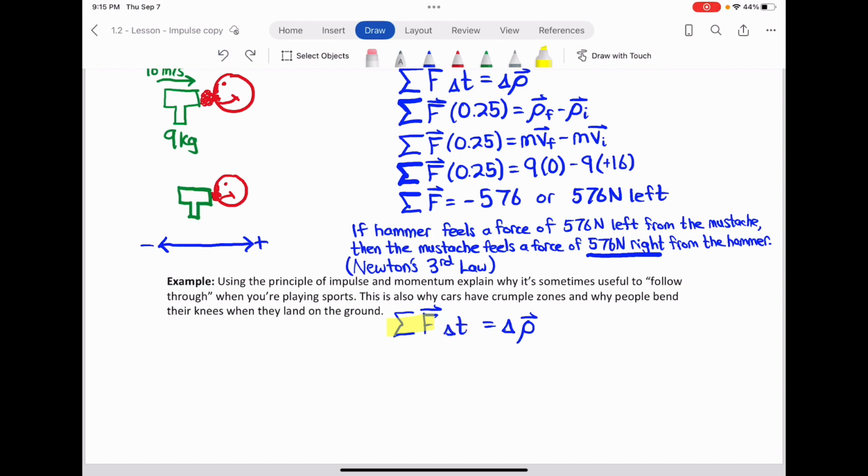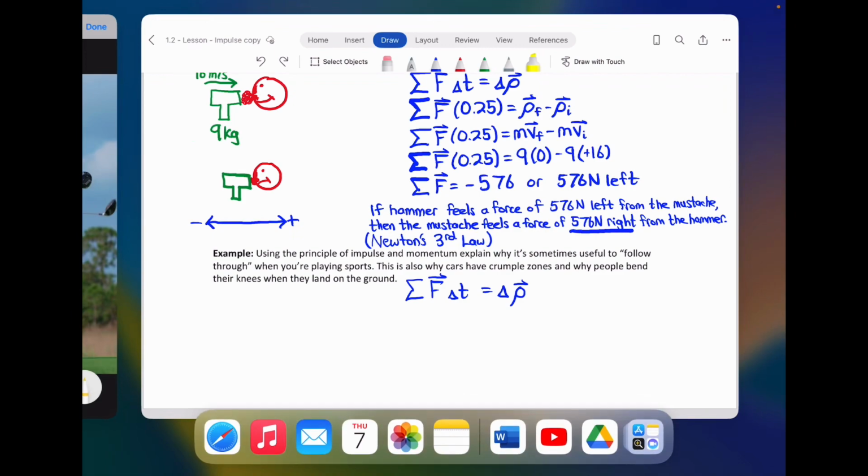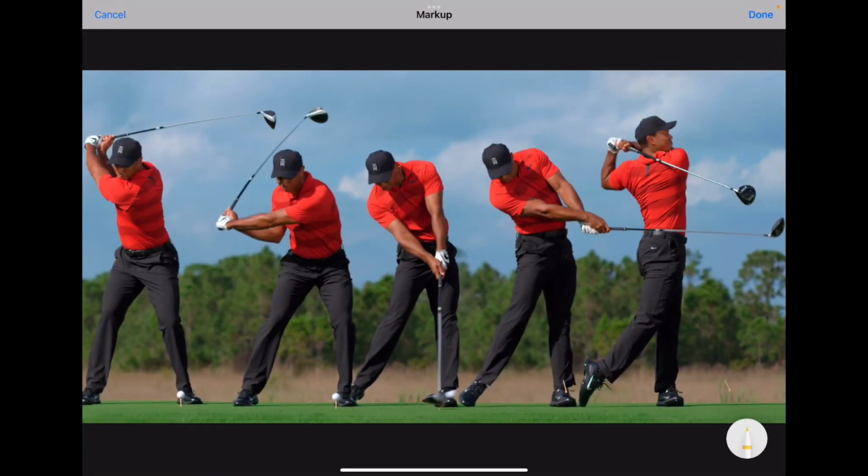Let's look at a picture of a golf swing here. So here's a golfer lining up for a swing, and you can see the shots of this swing going from left to the right. The moment where he makes contact with the ball is right here.